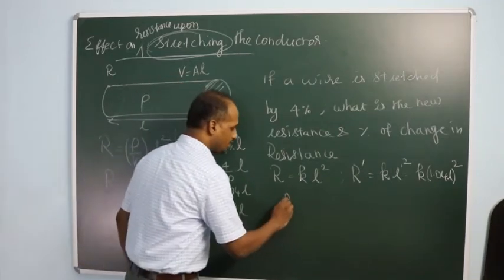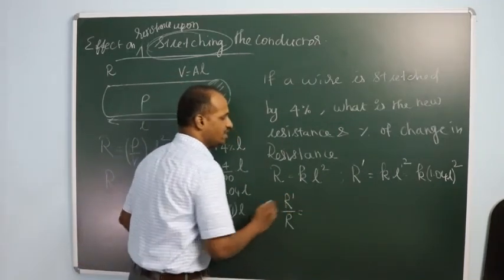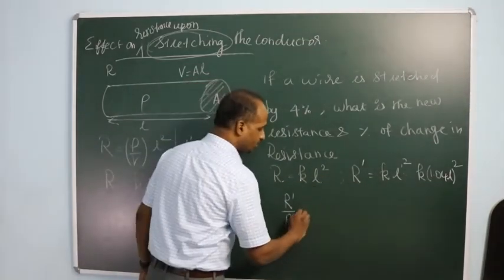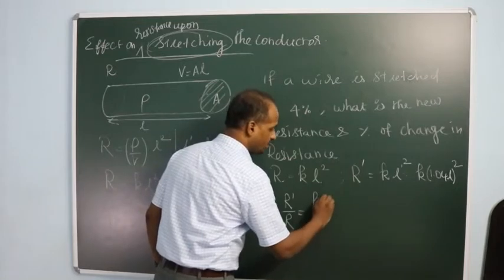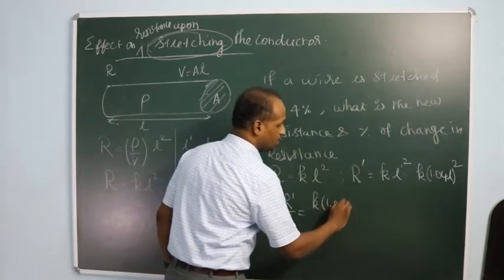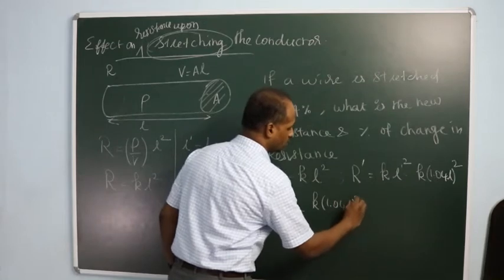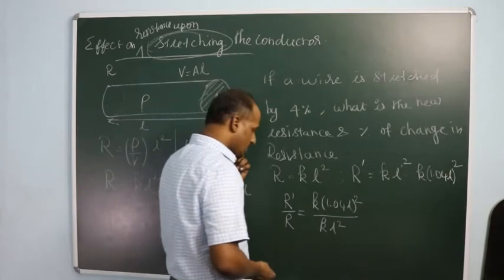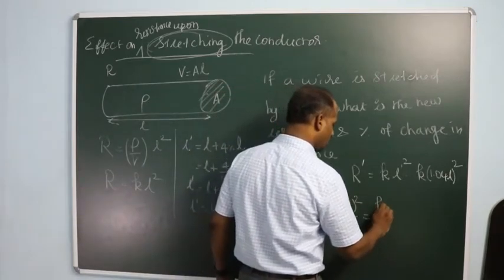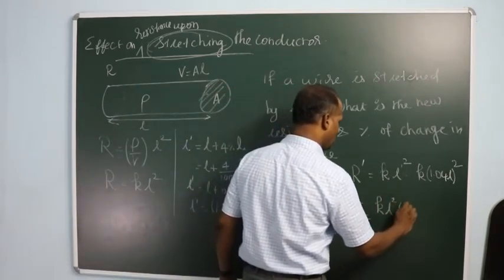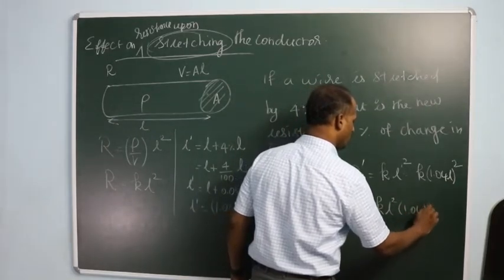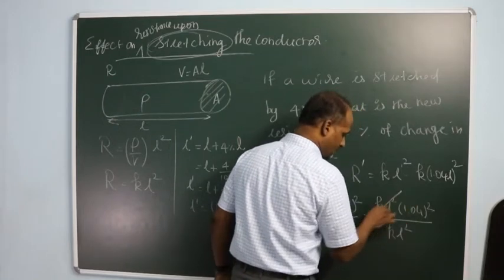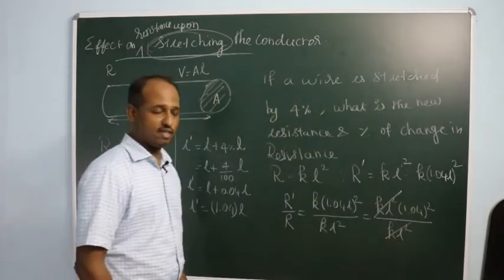Now you want to find the new resistance R prime in terms of the old resistance. Then new resistance R prime by R, it is always the division of the later equation by the former equation. So then it is K times 1.04 L whole square by K L square. Then K L square will be cancelled off.